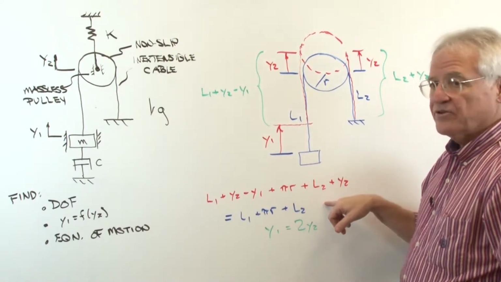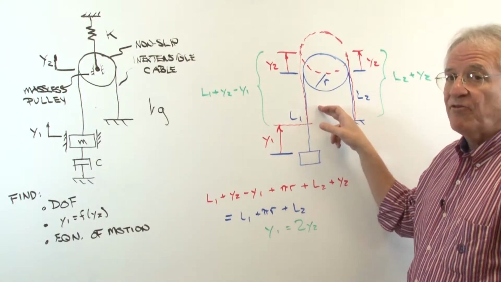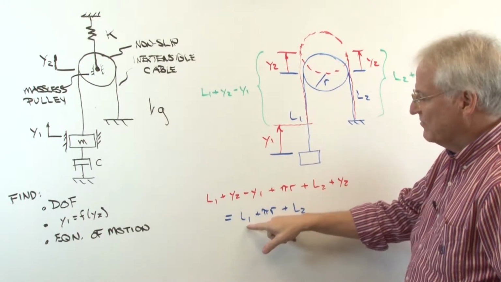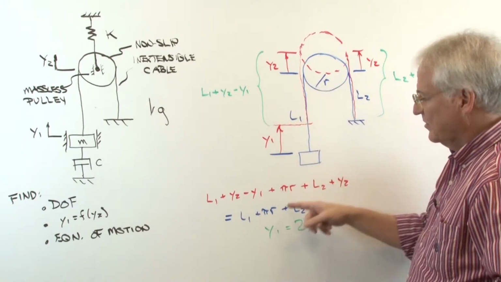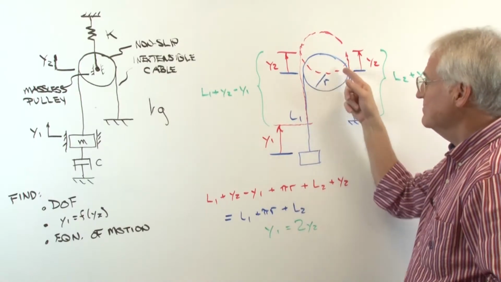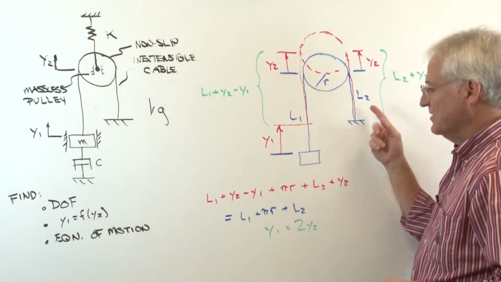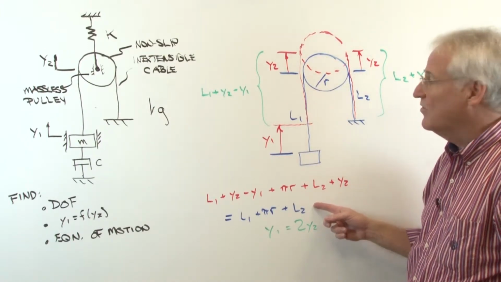And here we do a little math. You can see before the motion, in blue, the length of the cable is L1 from here to here, plus pi r, half the circumference of the pulley, plus L2. So that's the length of the inextensible cable.